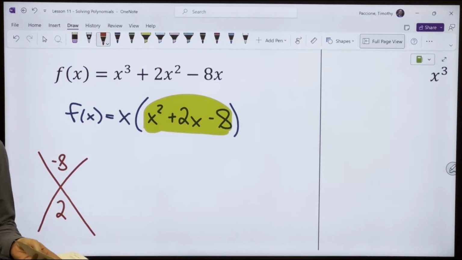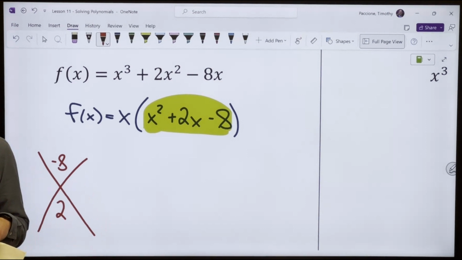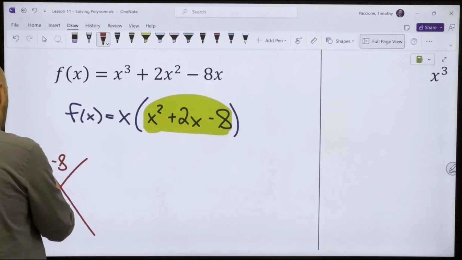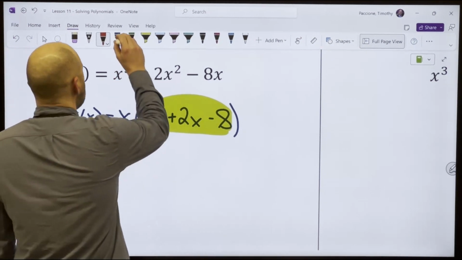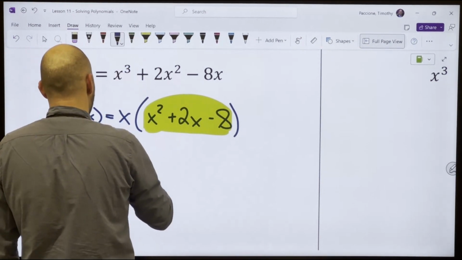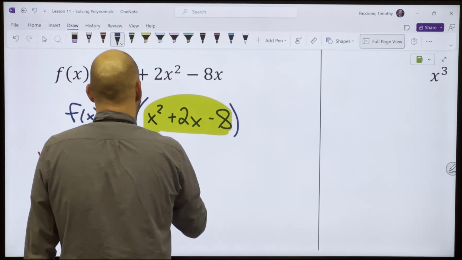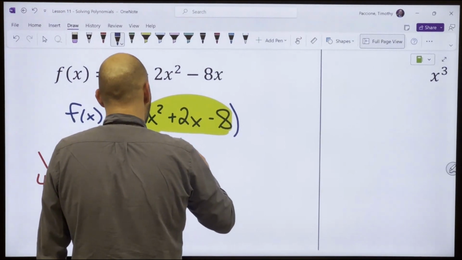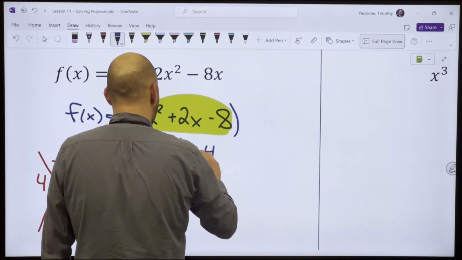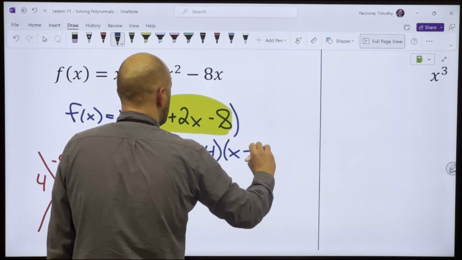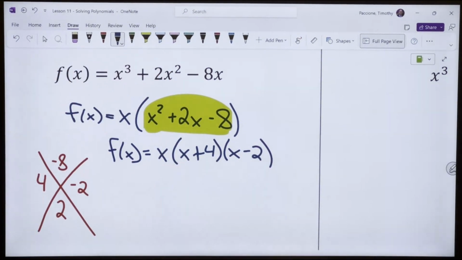Multiplying to get a negative, adding to get a positive, must be 4 and minus 2. So f of x equals x, don't lose that x, times x plus 4, times x minus 2. Okay? Not supposed to get rid of the x. No, absolutely not.